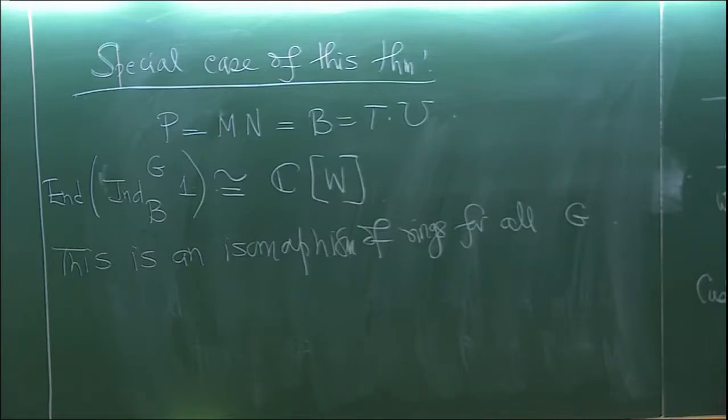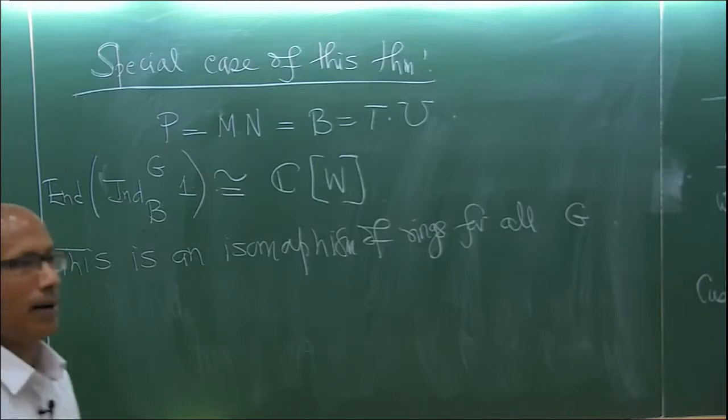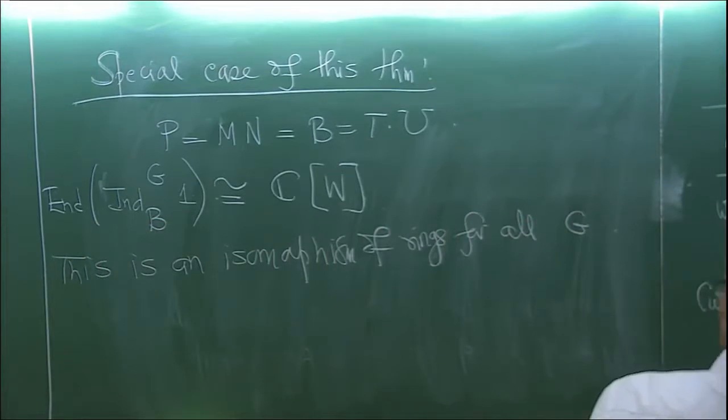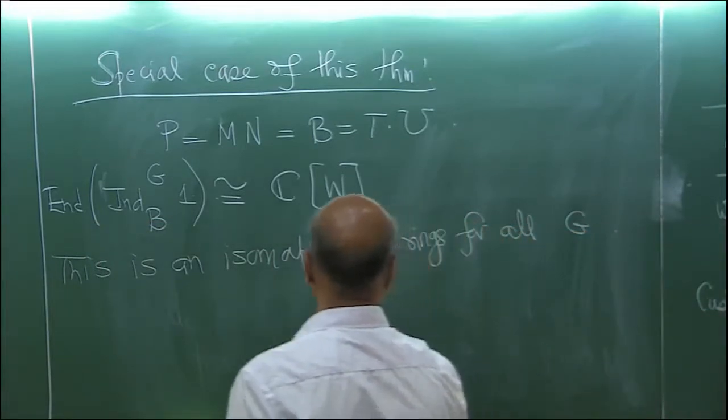It's true for almost all groups. I have the feeling that it does go wrong in some cases if the group has a disconnected center. But I don't want to worry about that aspect too much, but in any case, this is true for all groups.